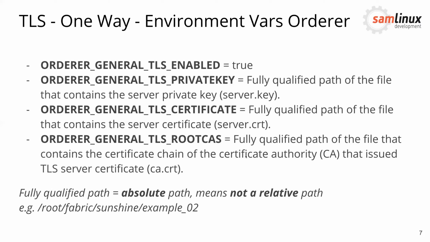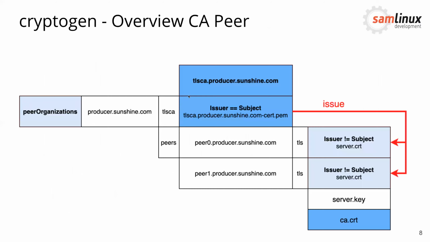We will see this later in the Docker Compose file. There could be more than one root CA, and therefore it could be marked as an array. And these both files are a single string in the Docker Compose file. And this must be a fully qualified path. So, that's it. I think that's clear.